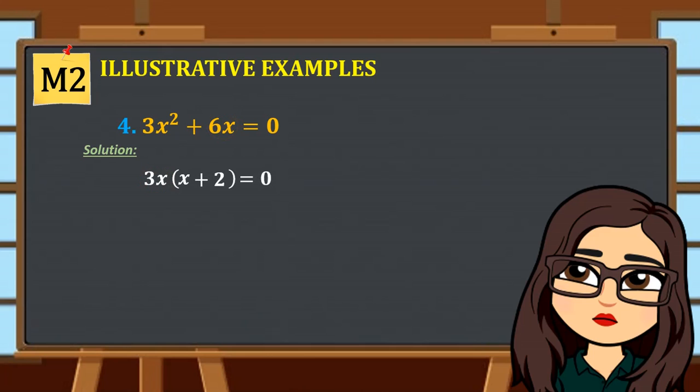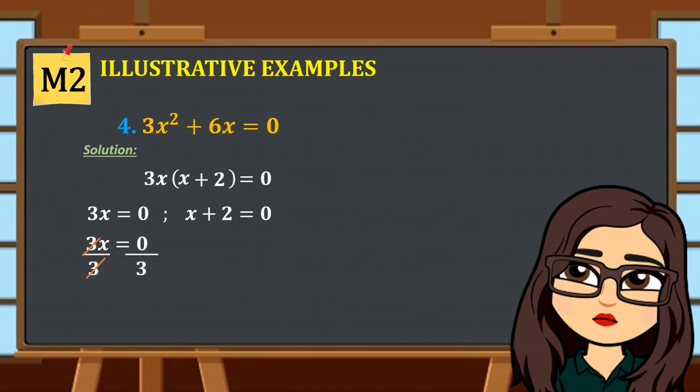Then equals 0. Next step, we will equate each factor to 0. So we have 3x equals 0 and x plus 2 equals 0. And now let's solve for the value of x. So for 3x equals 0, we will divide both sides by 3. So for the left side, 3x over 3, we will cancel 3 on the numerator and denominator.